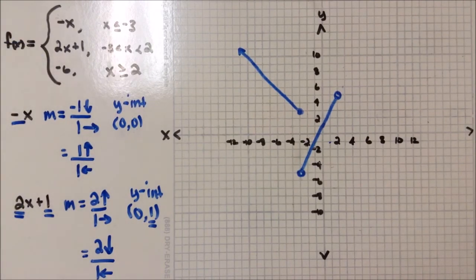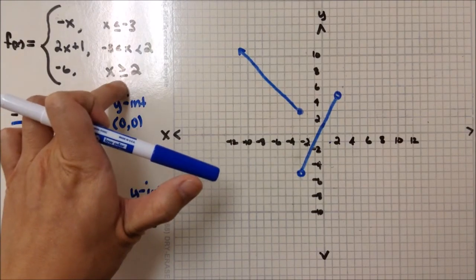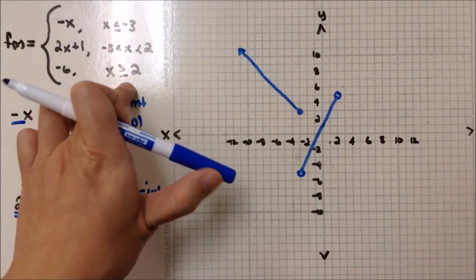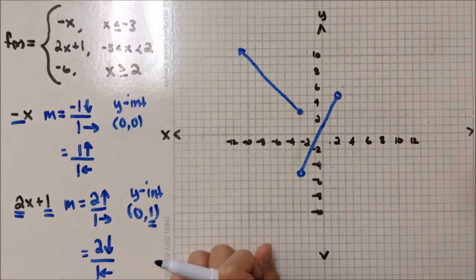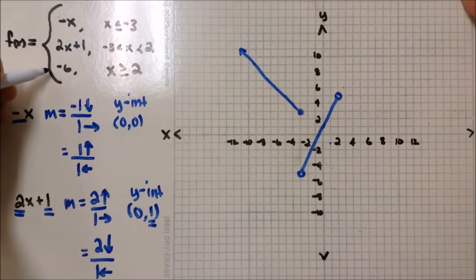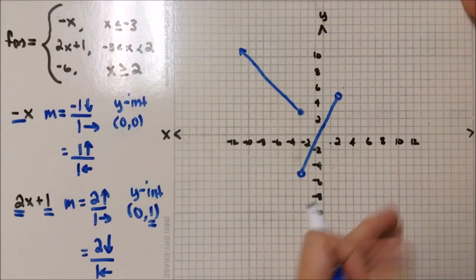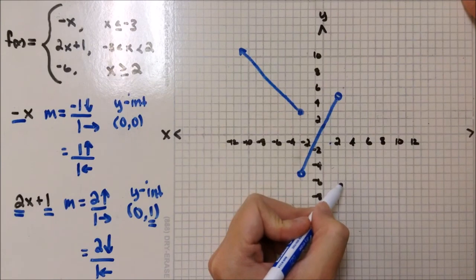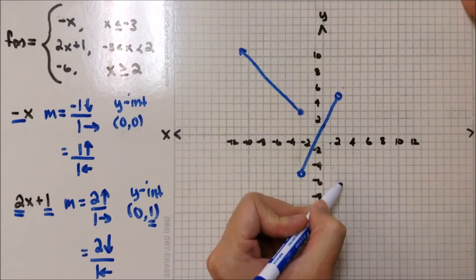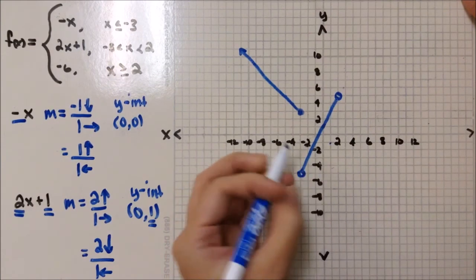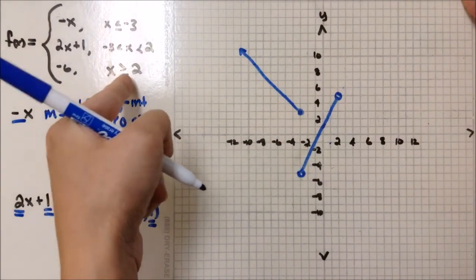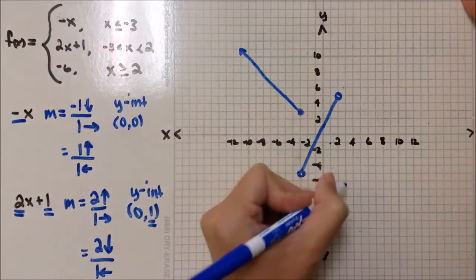Now for negative 6. Negative 6 is just a constant function. So where it says x is greater than or equal to 2, at 2 there will be a closed circle. Now since this is a constant function, all the x values will equal negative 6. So let's go over here. When x is 2, it's negative 6. And since it's greater than or equal to, it's a closed circle.